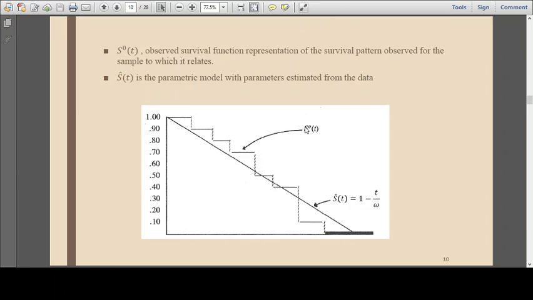S hat(t) has a smoother curve in comparison to S naught(t), so distributions usually give you a better line than the data. For this case, your S hat(t) is based on the uniformly distributed parametric model. Thank you.